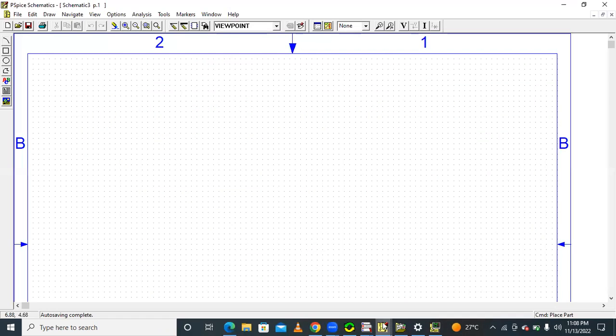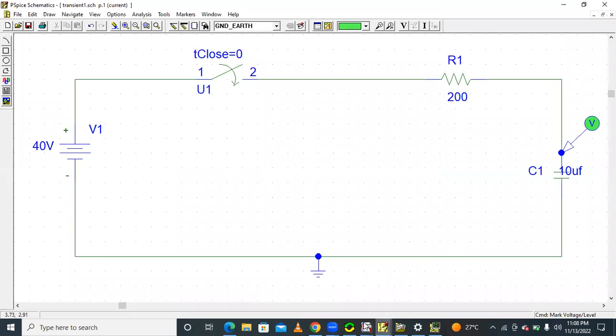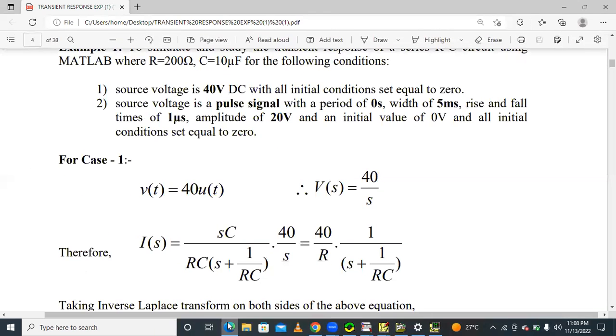The source voltage is a pulse signal, with a delay time of 0 seconds, a pulse width of 5 milliseconds, and rise time and fall time of 1 microsecond.